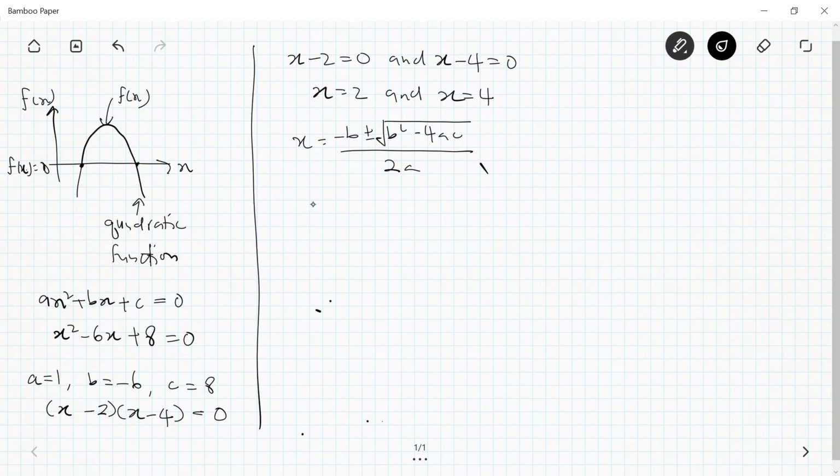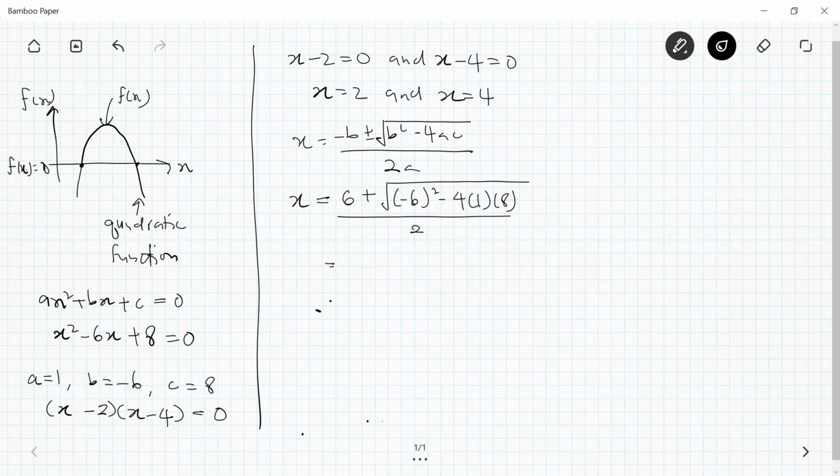So the first x is x1, x equal to minus b, b is minus 6, which is 6, plus square root of minus 6 squared. Minus 6 squared is 36. Let's do this again the long way. Minus 6 squared minus 4, a is 1, c is 8, square root, and divide by 2.